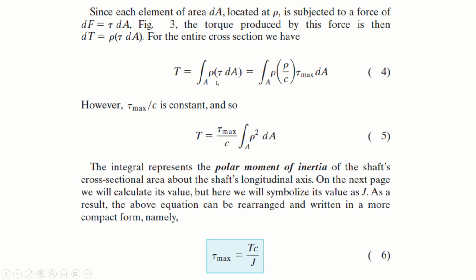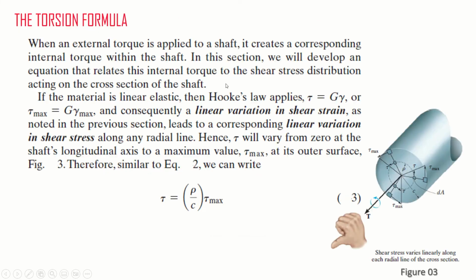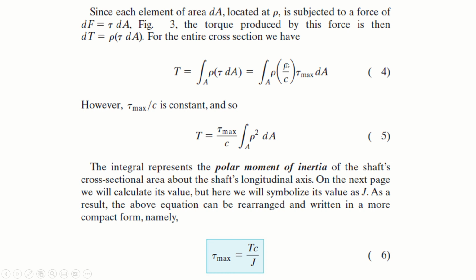For the entire section we integrate ρ into dF, which is equal to τ into dA, and we put in the value of τ. So τ is equal to ρ by c into τ maximum. The ρ and ρ will become ρ squared, and τ maximum over c is a constant, so we take it out. So torque is equal to τ maximum by c into the integral of ρ squared dA, integrated over the entire area.